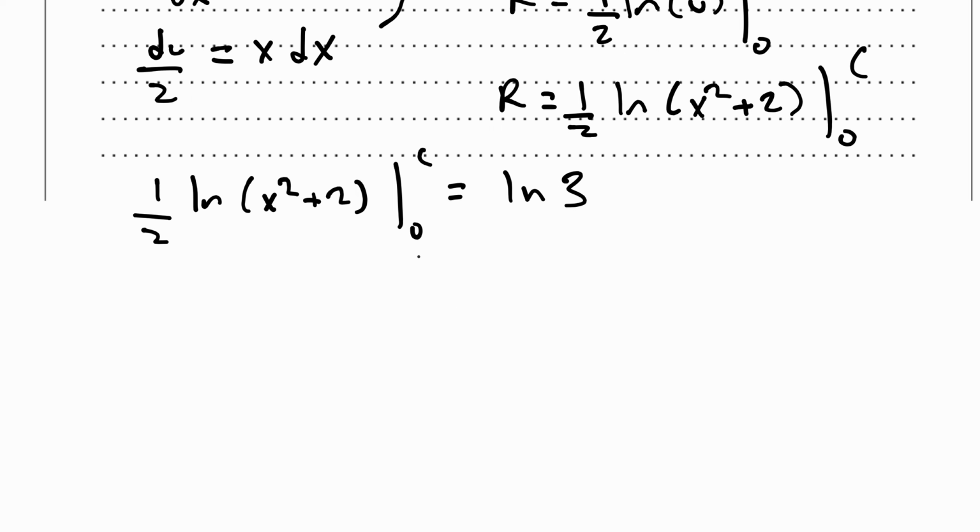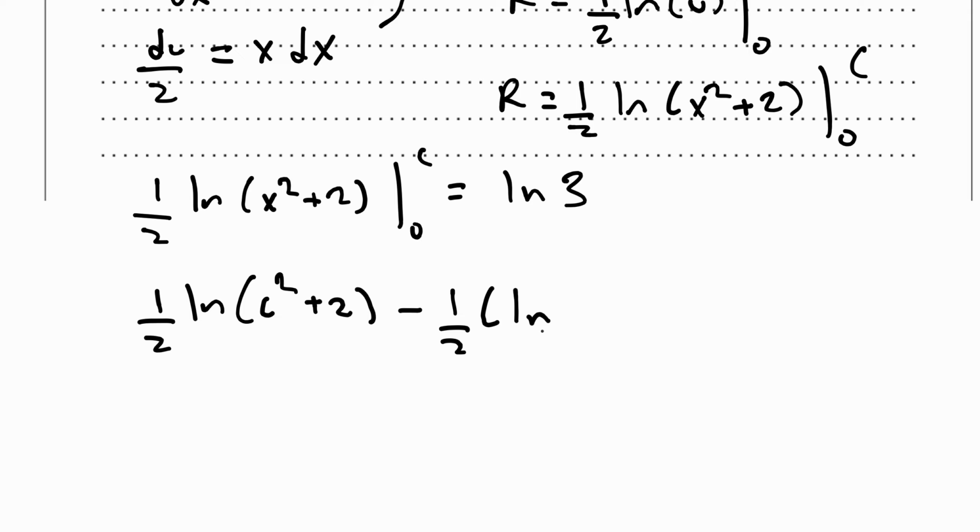Okay, now what shall we do? Let's substitute in these boundaries. So we get 1 over 2 ln of c squared plus 2 minus 1 over 2 ln of 2, because 0 squared plus 2 is just 2, and that's equal to ln 3.